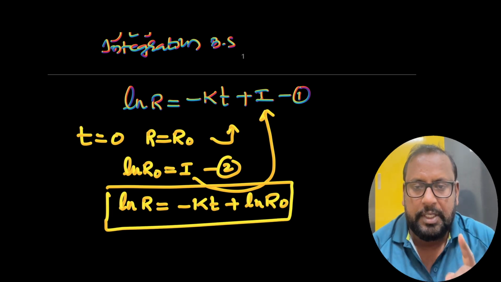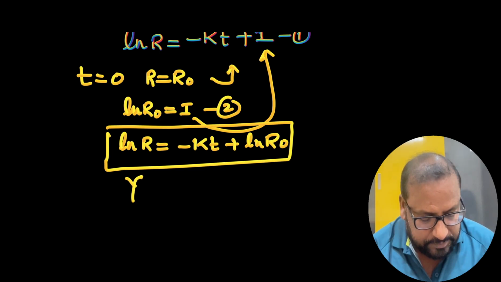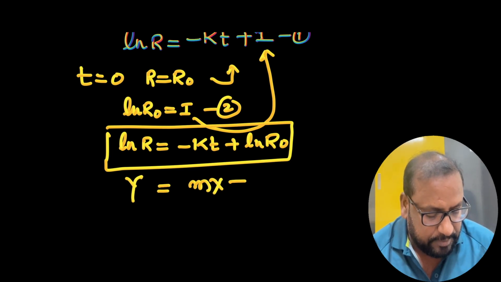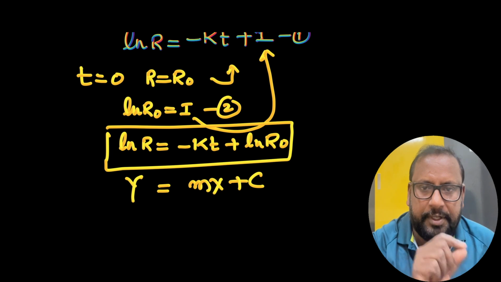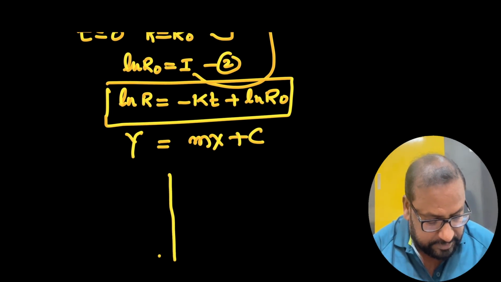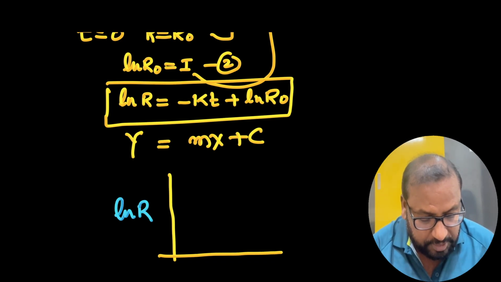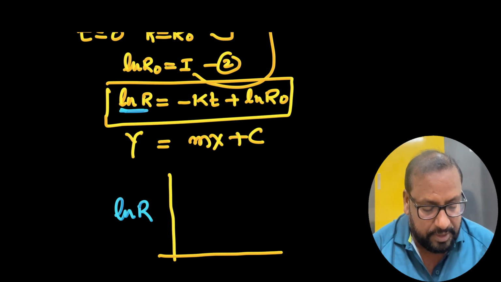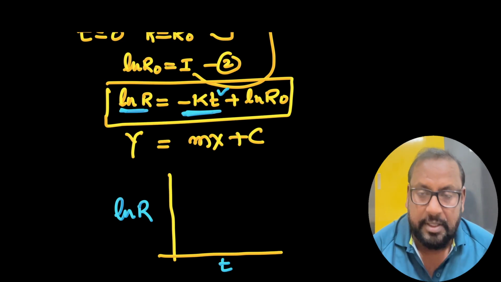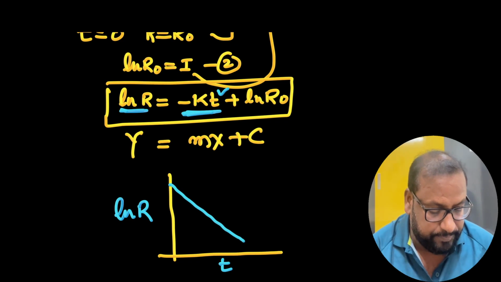This equation is in the form y equals mx plus c, so we can obtain a simple graph for it. On the y-axis I take ln R, and on the x-axis the variable is t, so I take the time on the x-axis, and the slope is going to be negative, right?